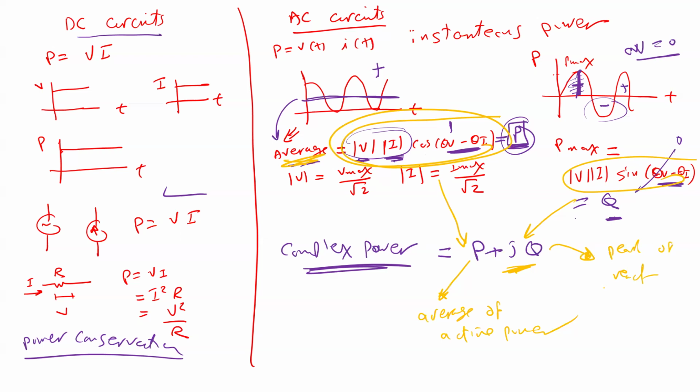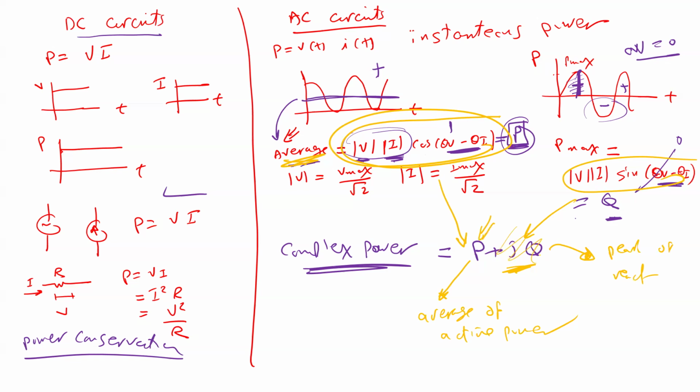Is that okay, guys? Now I will explain to you how you can calculate the complex power. But what I'm saying is, after you calculate the complex power, you are going to have two parameters, P and Q. And you already know P and you already know what Q is. One more important thing: if the load is only resistance, you are going to have only P. You are not going to have the imaginary part.